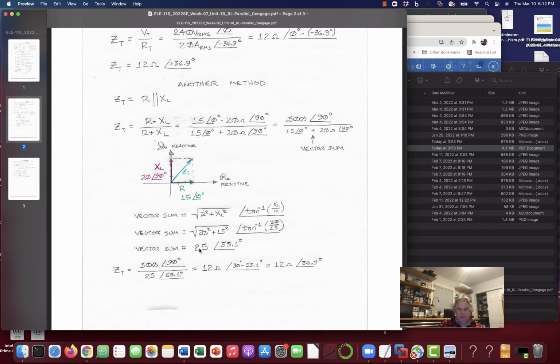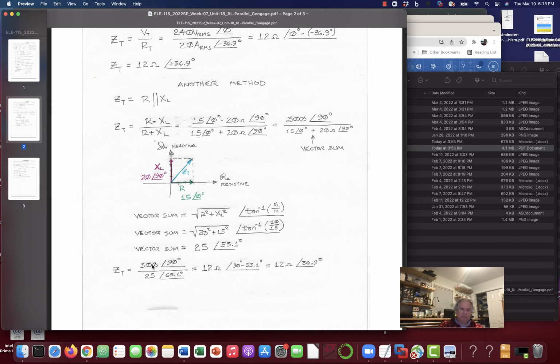So this would be 25 ohms at 53.1 degrees. And for Z total, we take what we had in the top, 300 at 90, divided by what our denominator was, 25 at 53.1, and you divide this in here.